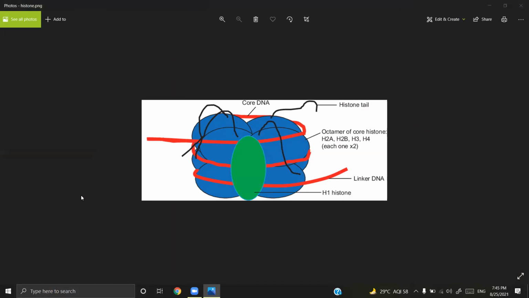As you can see on this screen, there are H2A, H2B, H3, H4. These are the different types of histones which form the octamers. What is an octamer? It's a number of 8. So how can they form 8? It is nothing but 2 of each: 2 of the H2As, 2 of the H2Bs, 2 of the H3s, and 2 of the H4s, which totally form the octamer protein.